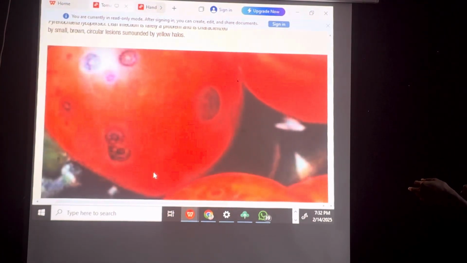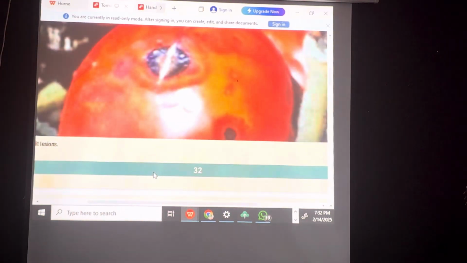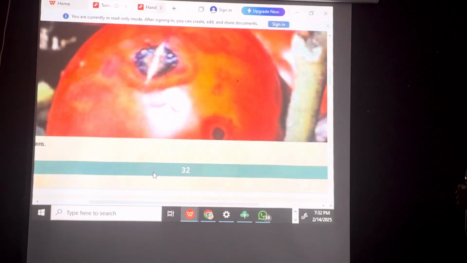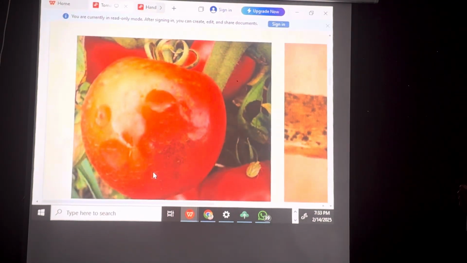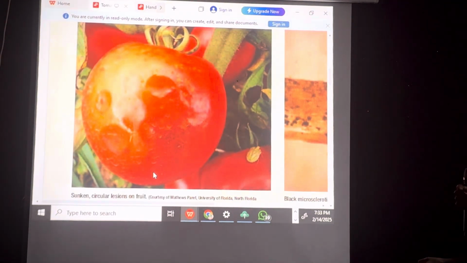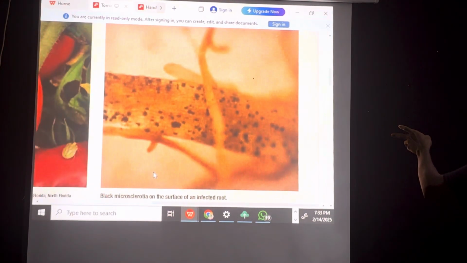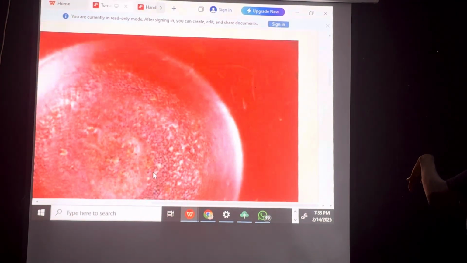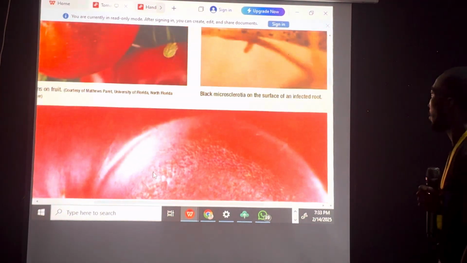I'm sure that some of us must have noticed this in some of the fruits we see in markets. They will show something like this. It does not show on the fruits when they are green, and it's just when they ripen. Let's go back to this.